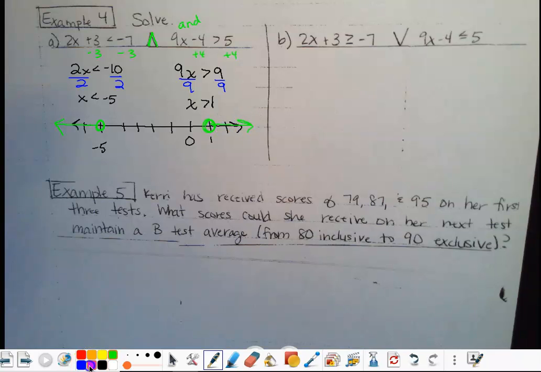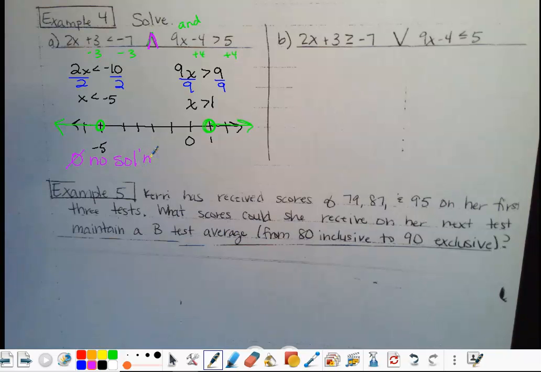Here's the kicker for this. It's an and statement. Remember, it must satisfy both inequalities. There is nothing that will satisfy both of these. There's no number that they have in common. So this one is no solution.